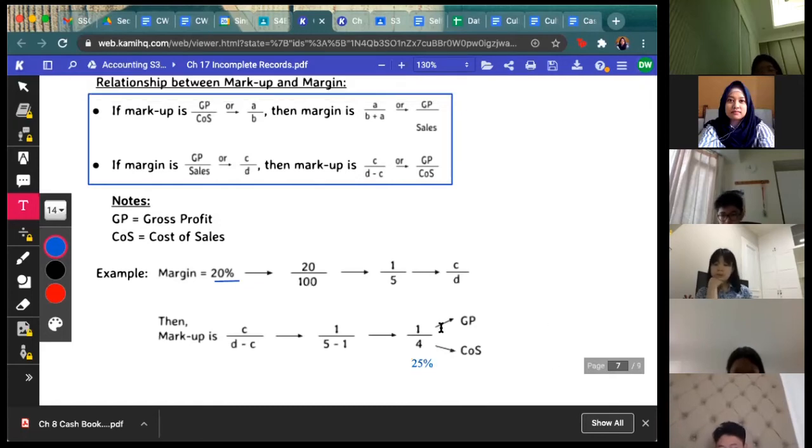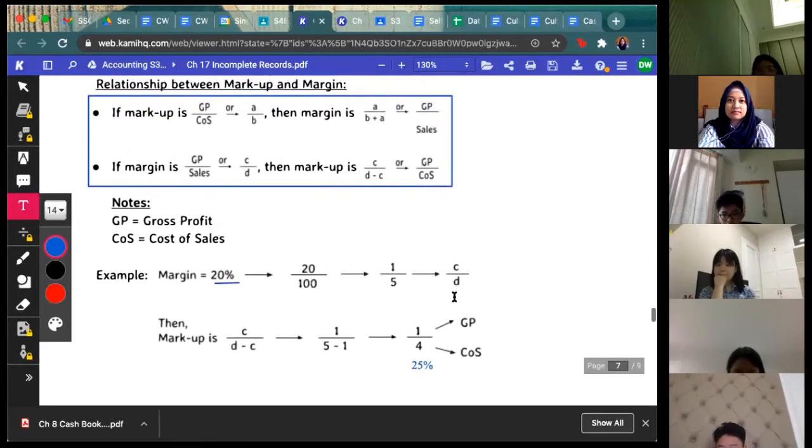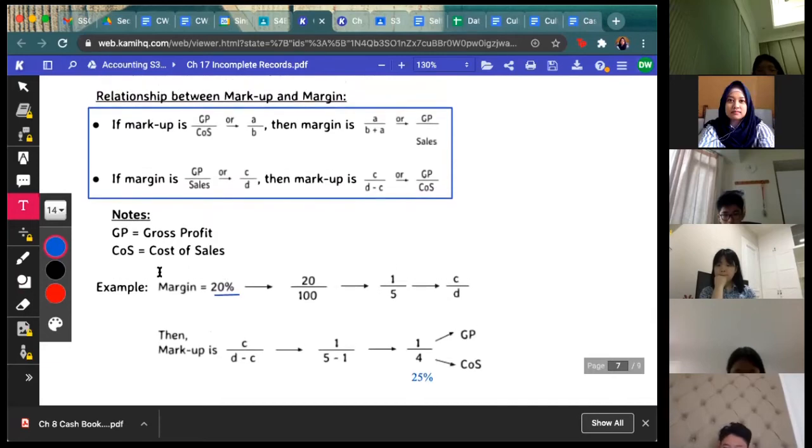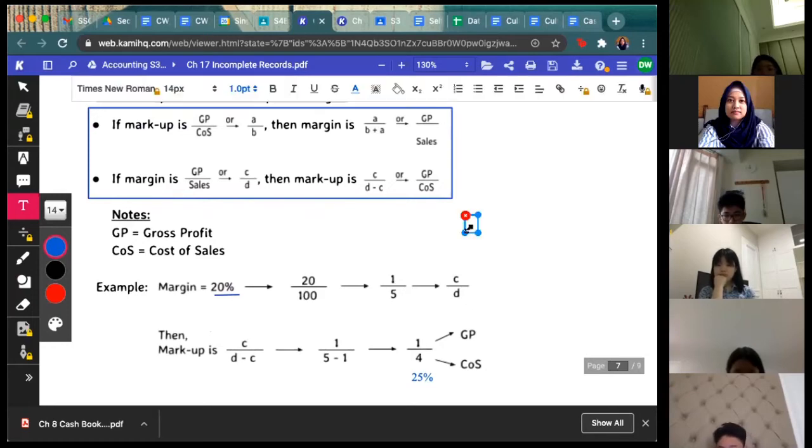Now, if I want to change it into a simple equation, you can also use it. For example, if I have 1, 5, and 4 in the income statement, when you want to find gross profit, how?